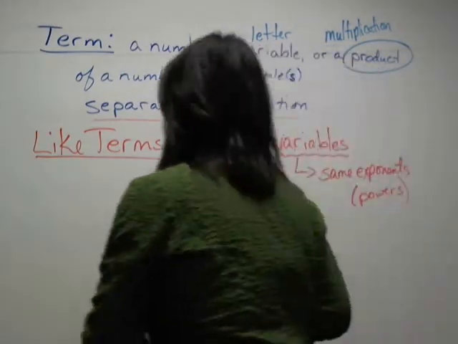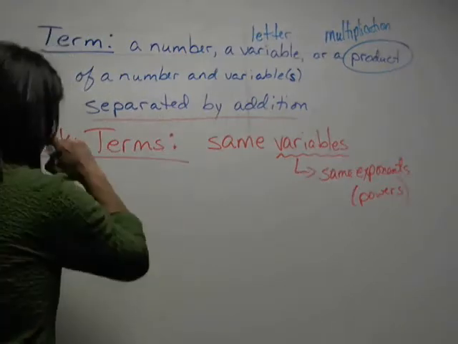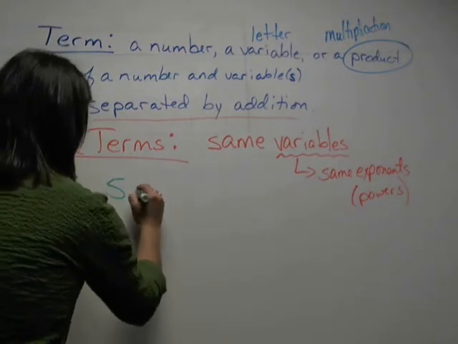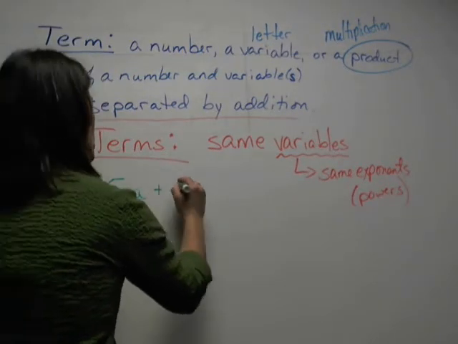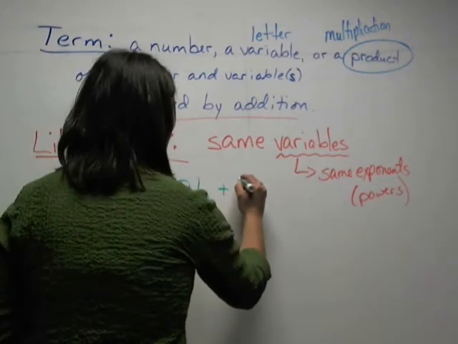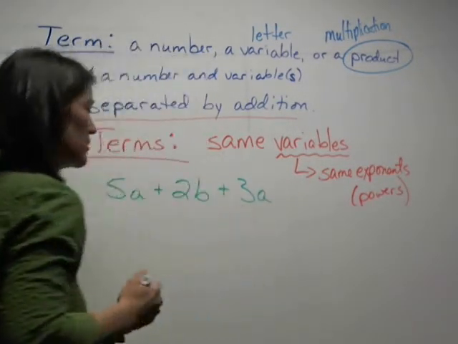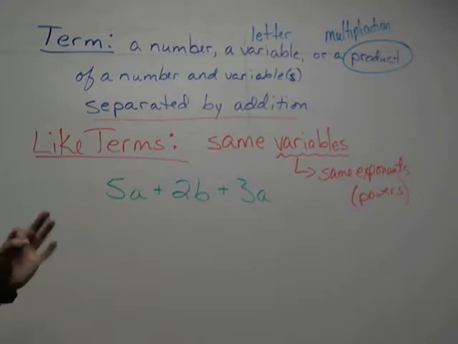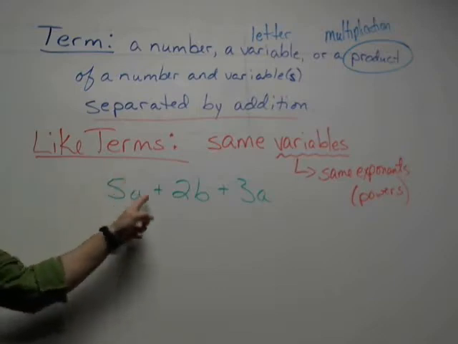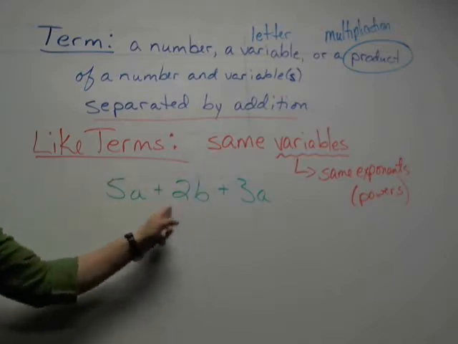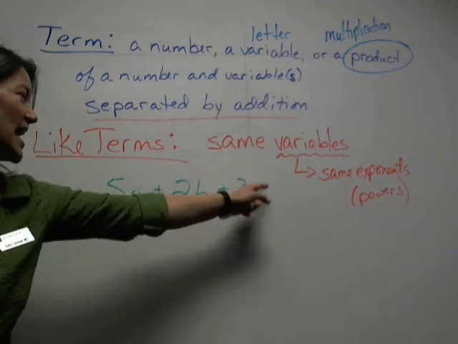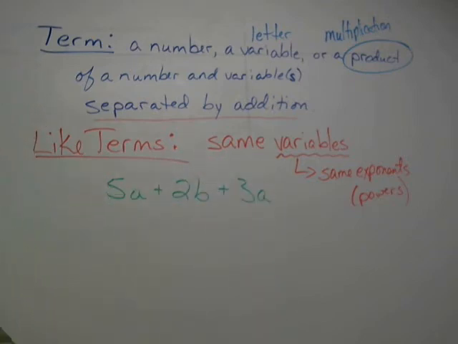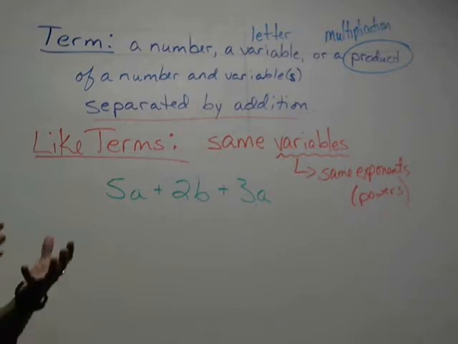So for example, if I have 5a plus 2b plus 3a, I have three terms up here. 5a is a term, 2b is a term, and 3a is a term. If the directions say to combine like terms or simplify this, we'd have to gather or put together the like terms.